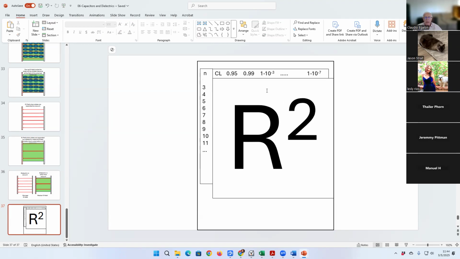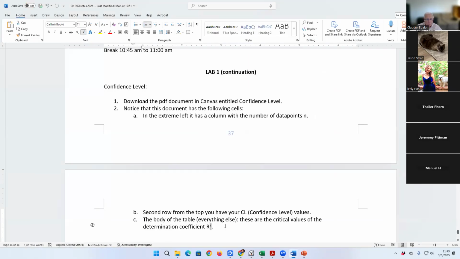The idea here is to find what are the values of CL that are around the CL that you are going to find, okay? That's what it is. So you won't be able to find the exact CL with this table. Let me write that down here for you.